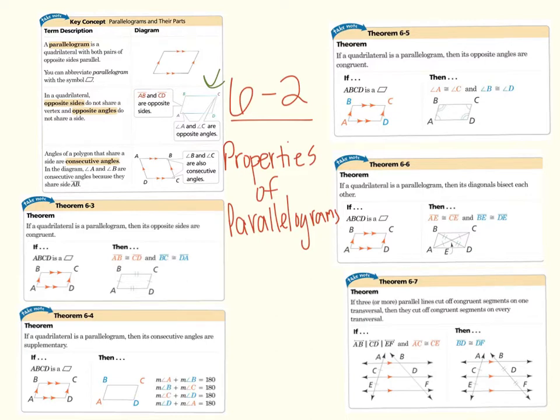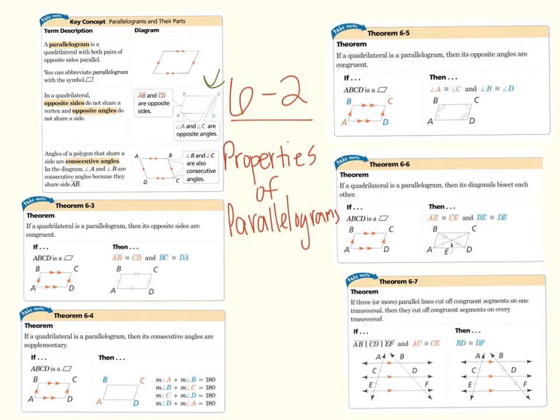Now, you also have what's called consecutive angles, and consecutive usually means next to or in order, like 1 and 2 are consecutive because they go one after the other. In a parallelogram, or any polygon actually, consecutive angles are the ones that share a side.